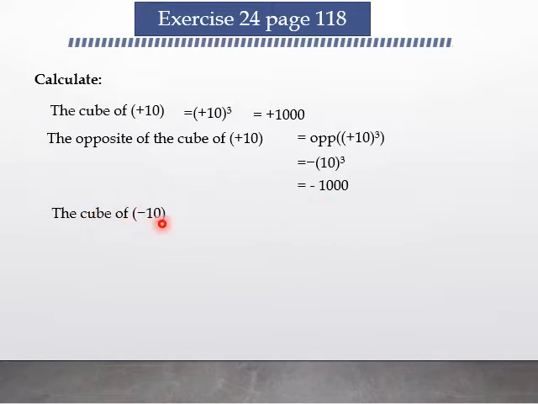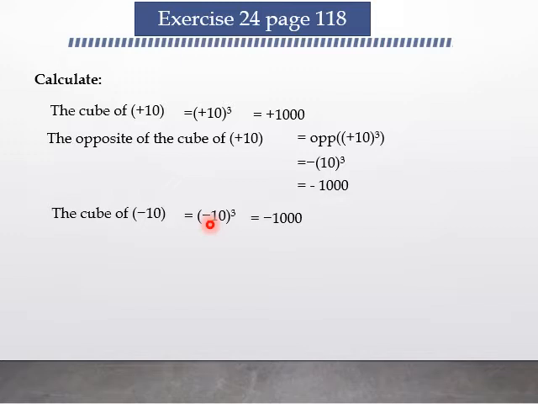The cube of minus 10 is minus 10 cubed. Here we have minus to the power 3. Odd number of negative numbers, so the result will definitely be negative. What do we mean by minus to the power 3? Minus times minus times minus. Minus times minus is plus.